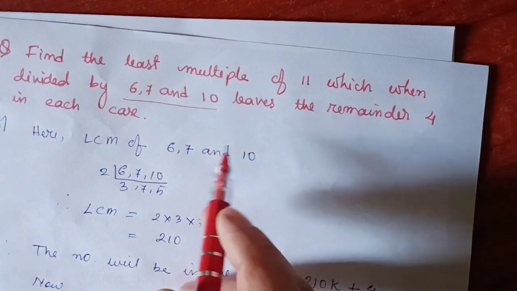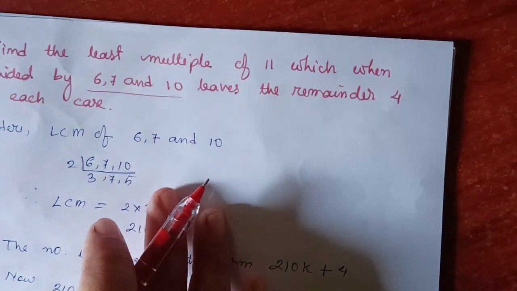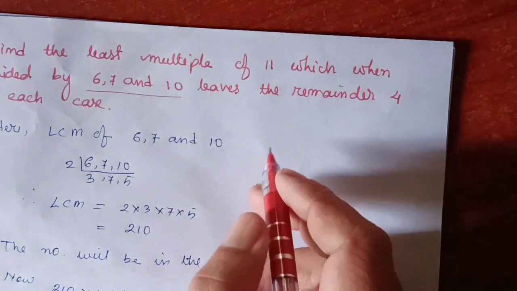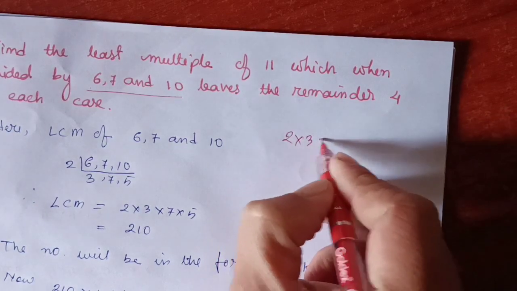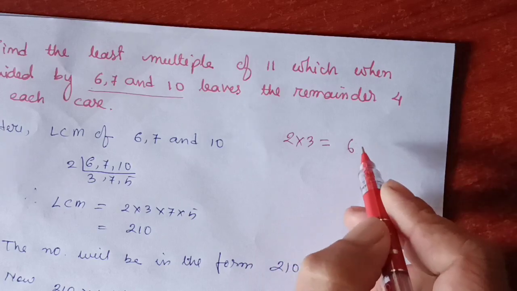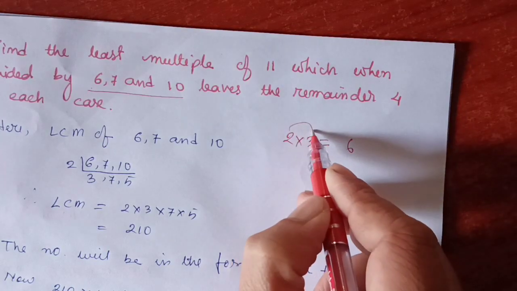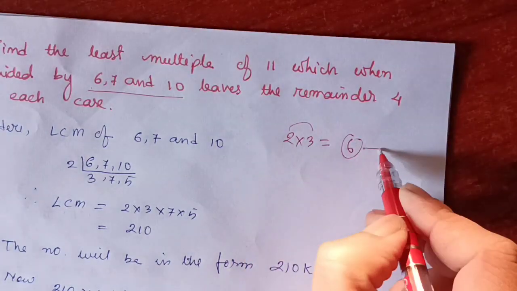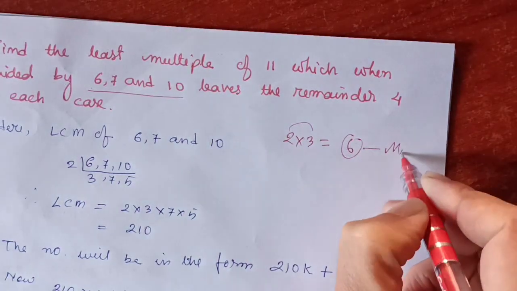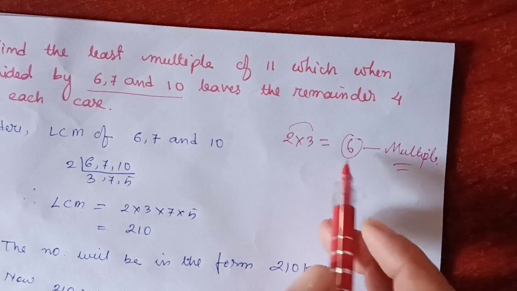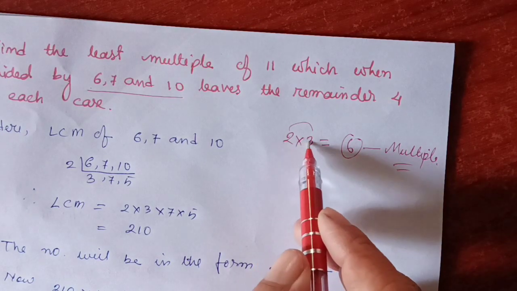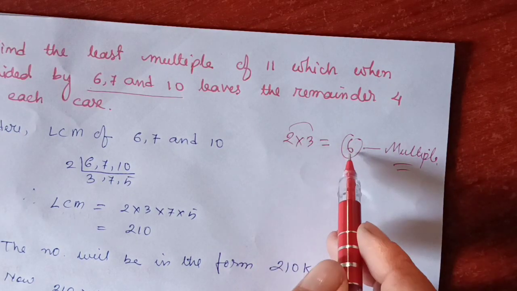You may be confused about what a multiple is. Let me give you one example. Suppose 2 threes are 6. When we multiply two numbers, we get one answer. This is called a multiple. So we can say that this is the multiple of 2 or the multiple of 3.